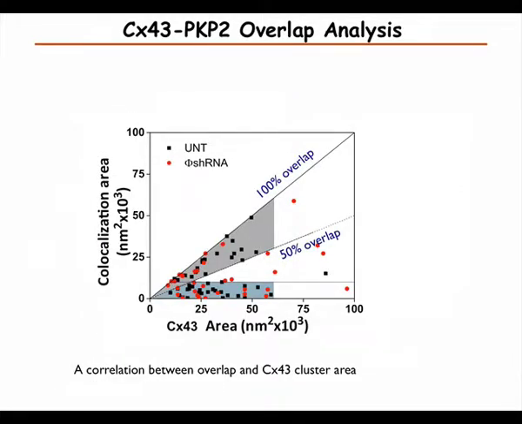One observation they made was that the connexin 43 area seemed to be correlated with the co-localization area. There was some background with low co-localization, but the gray area between 100% overlap and 50% overlap was much more populated than the area below 50% overlap.